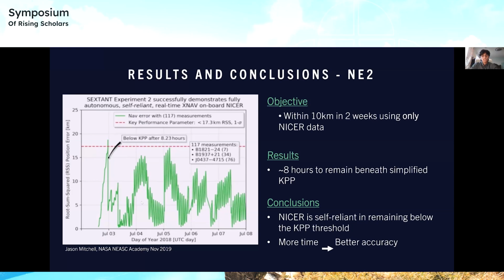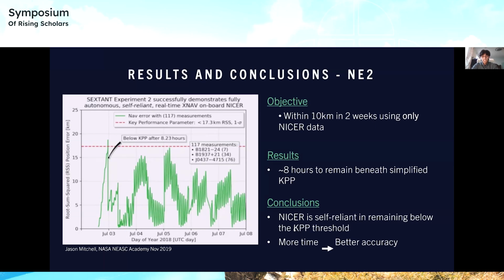You can see that just within 8 hours, it once again was able to stay beneath the simplified KPP, which is around 17.3 kilometers. And the reason it's not 10 kilometers and it's 17 kilometers is because it accounts for other errors outside of Sextant, like precision errors or timing errors, or some other stuff going wrong.